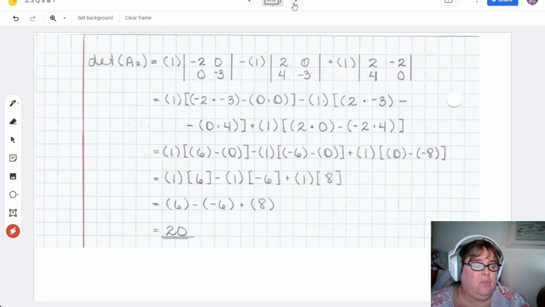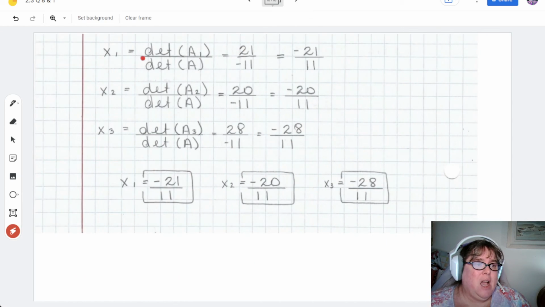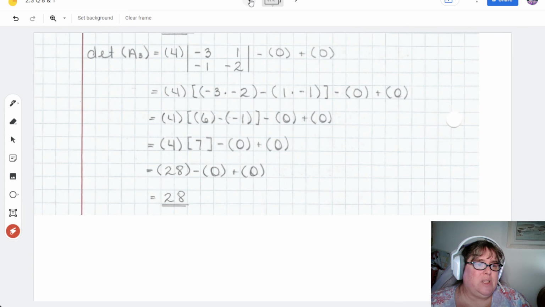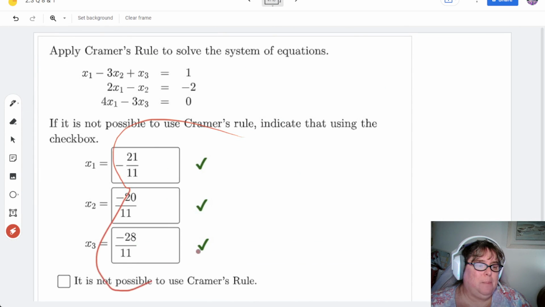So to get our solution, I took my x sub 1 and put the determinant of A sub 1, which was 21, over -11. That's your solution. And you do the same for x sub 2 and x sub 3, and these are our solutions that we saw back in the original problem.